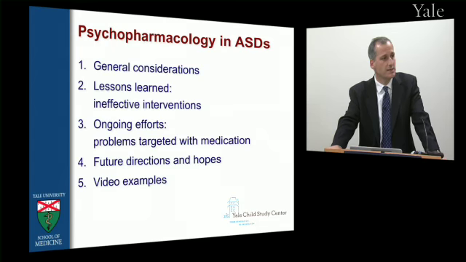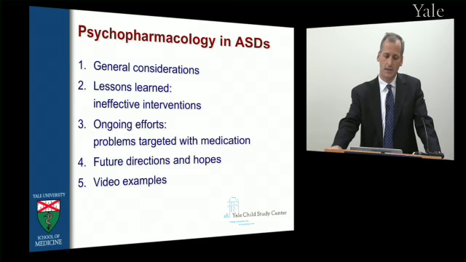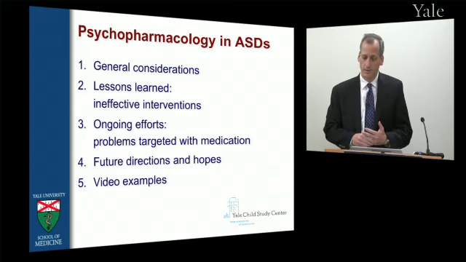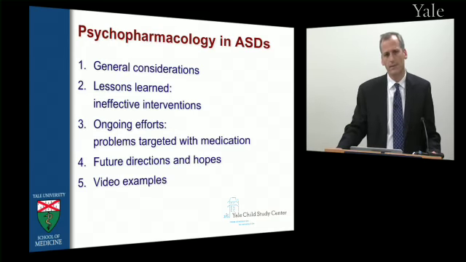The second part is lessons learned, especially about things that have not worked so well, things we should be avoiding, but still important lessons to have been learned from those experiences. The bulk of the talk today is going to be on the third part, about these ongoing efforts, things that can be targeted with medication and what the evidence base is for that.